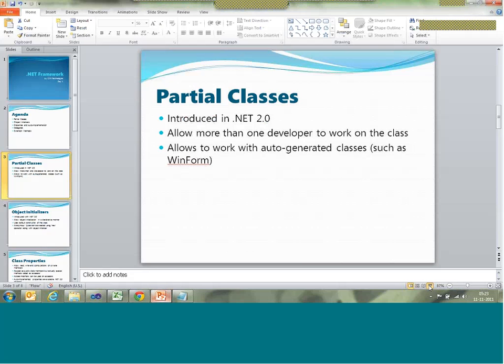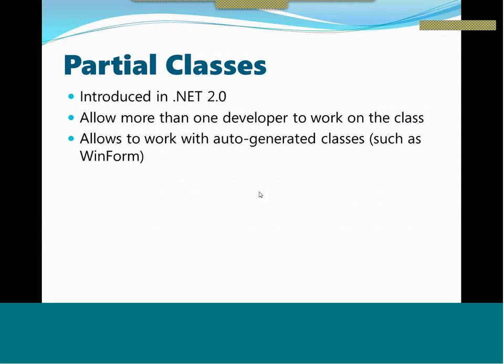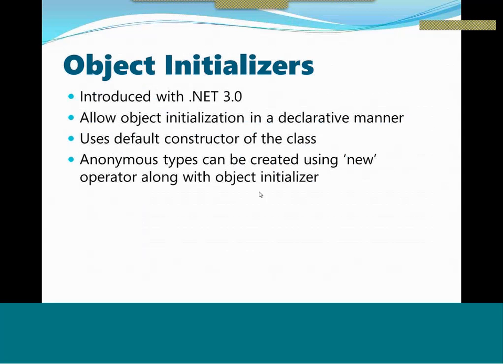Now let's see what are object initializers. This has been introduced with .NET 3.0 language enhancements. Basically, as the name suggests, it allows us to initialize an object. So what's special in initializing an object, right? We have been doing this by using constructors.